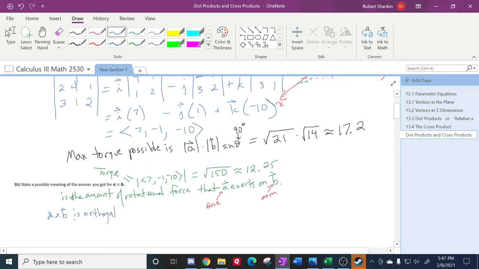The magnitude of the vector is a measure of how much they're orthogonal, relative to the maximum magnitude.